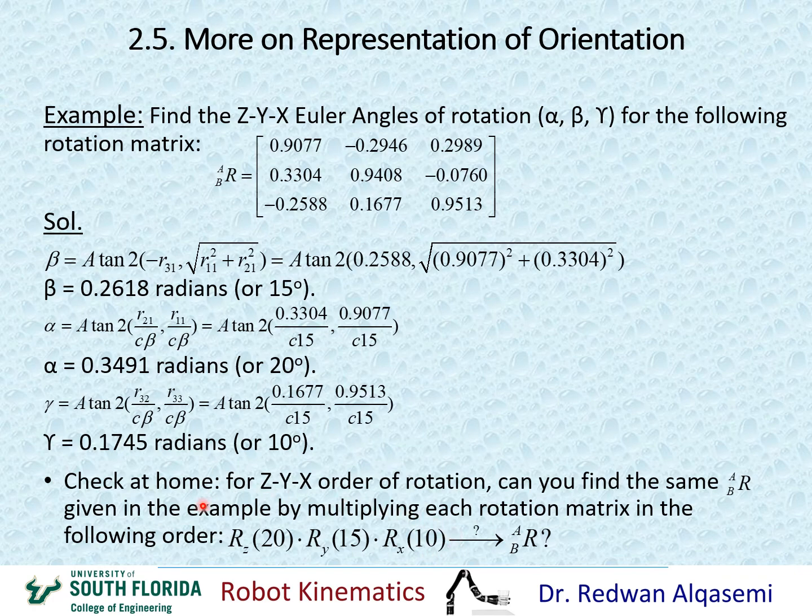If you do this order of multiplication, which represents the same order of rotation for the Euler angle convention, would that give you RBA back? So please check and make sure that we get R of B relative to A as given here.